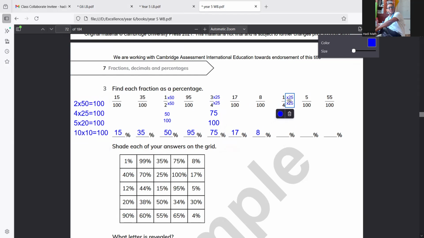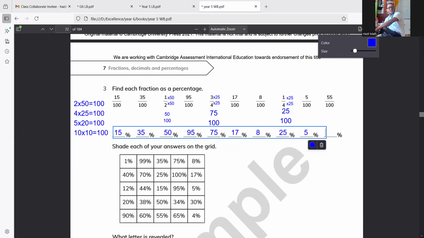And when you multiply up and down by 25, you will get 25 over 100. Now the denominator becomes 100, so you can immediately finish your work. You write 25%. The one after, they say it is 5%. The one after is 55%.